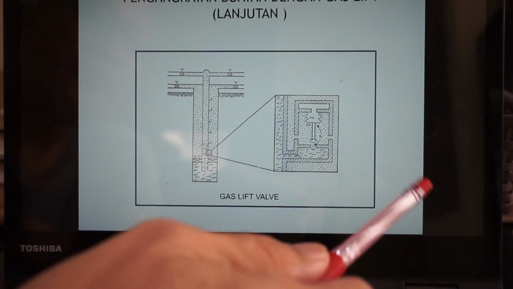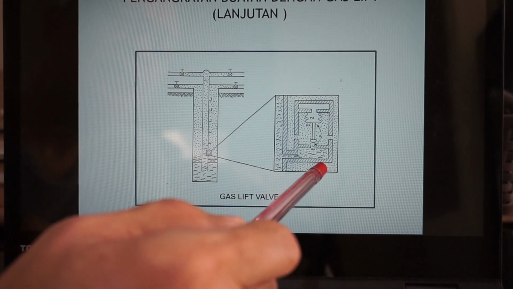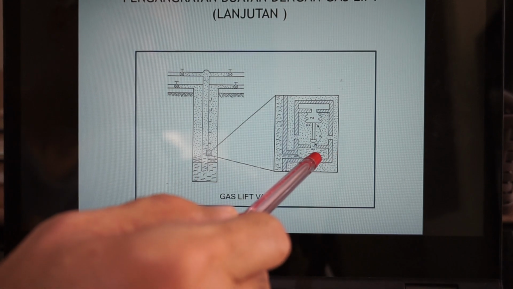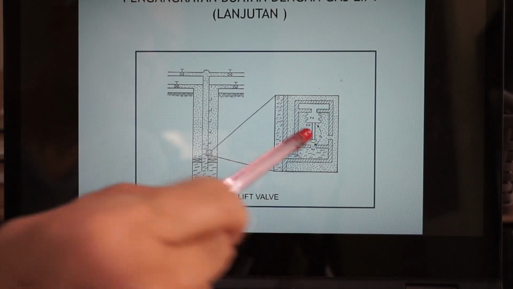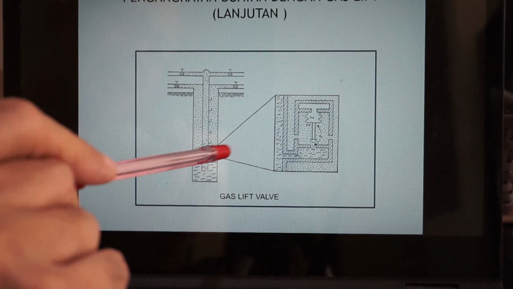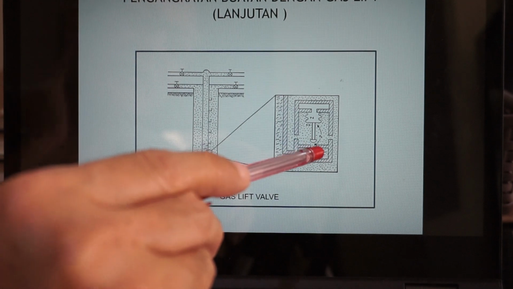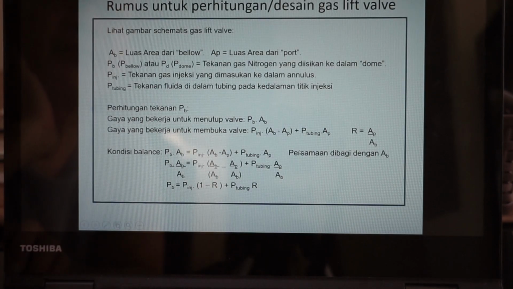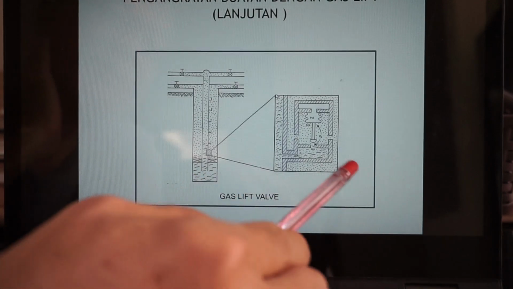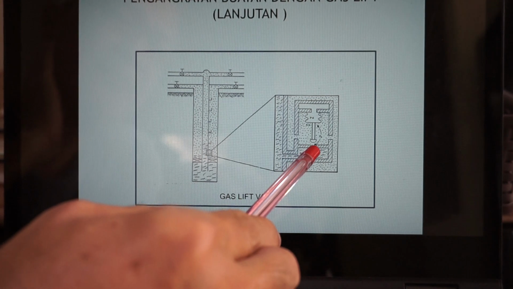Okay, and we have the bellow here, and we have AP, the port area. This is the port, a gap.